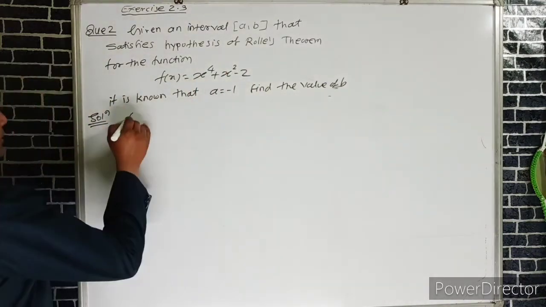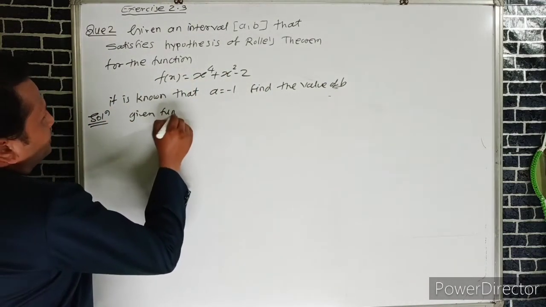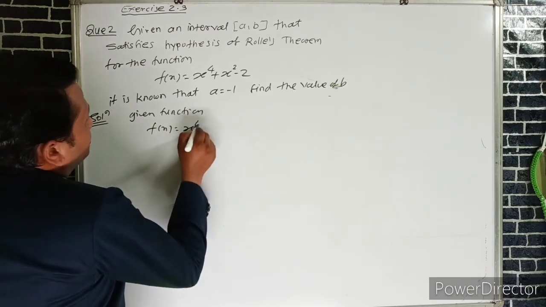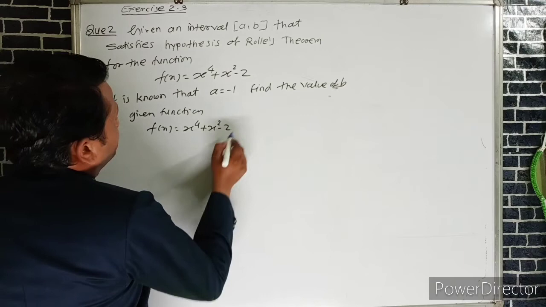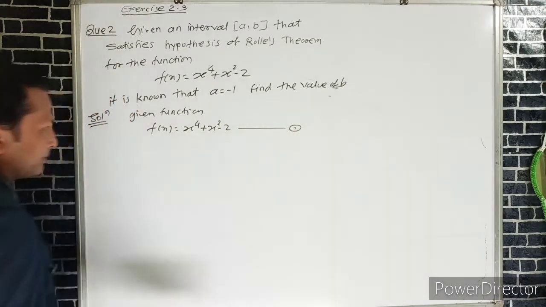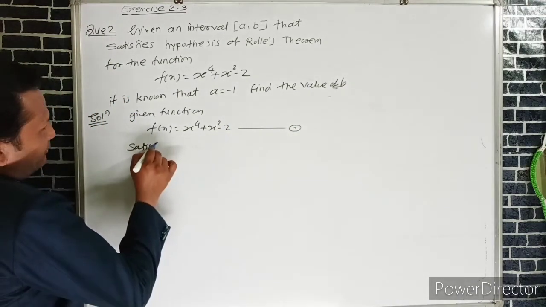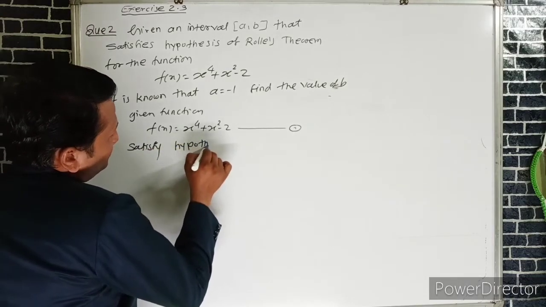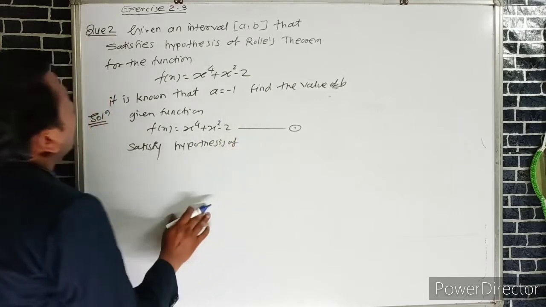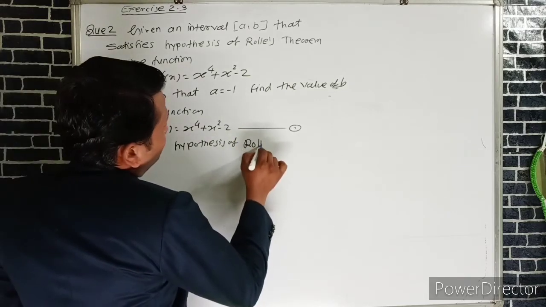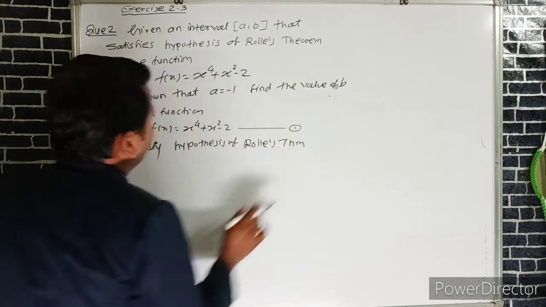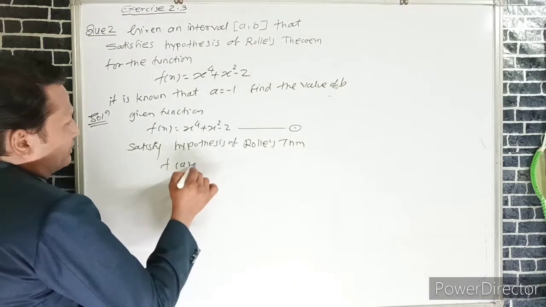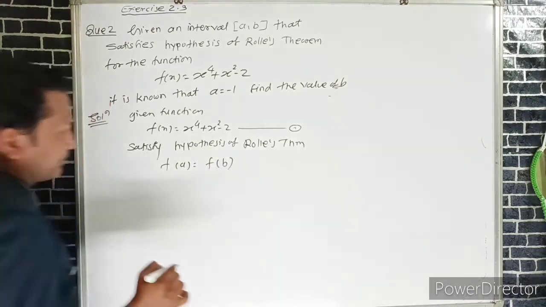So first we take the given function f of x equal to x raised to the power 4 plus x square minus 2, which satisfies the hypothesis of Rolle's theorem. It means that f of a is equal to f of b.